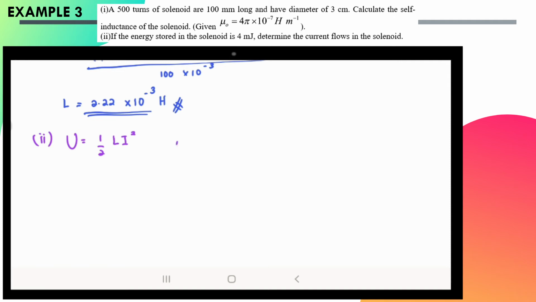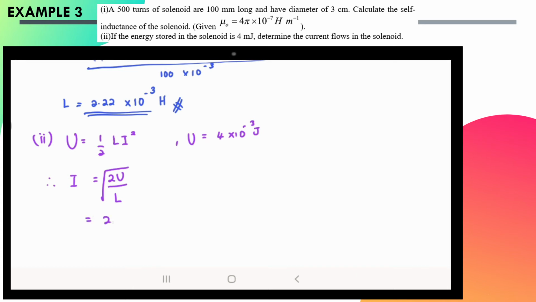So given that U is equal to 4 millijoule, therefore we can find I, where I is equal to the square root of 2U over L. So don't forget to take the square root.